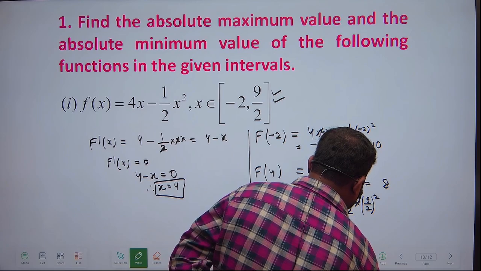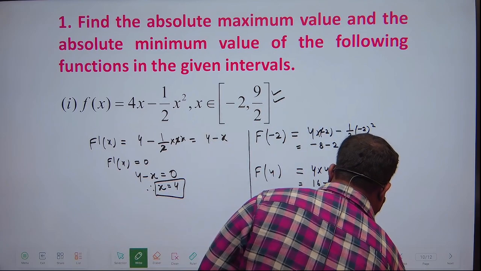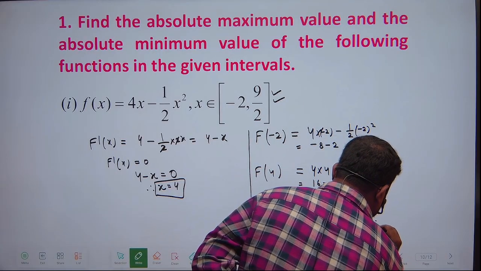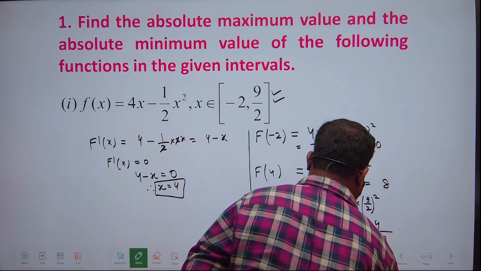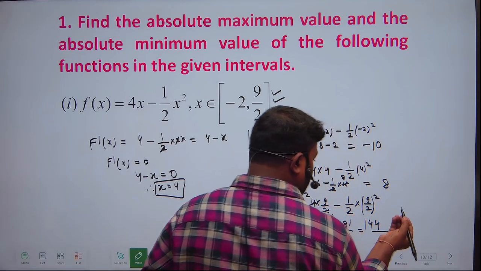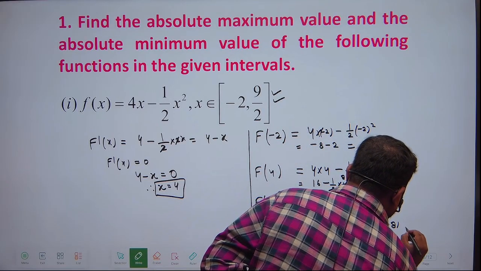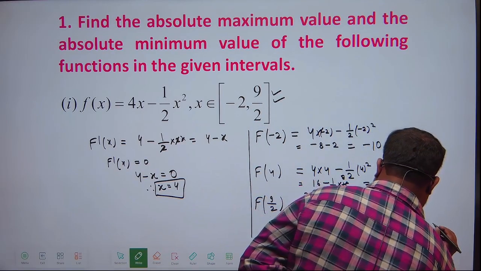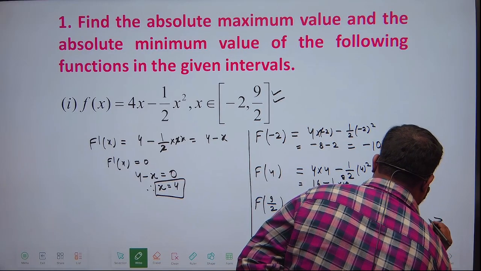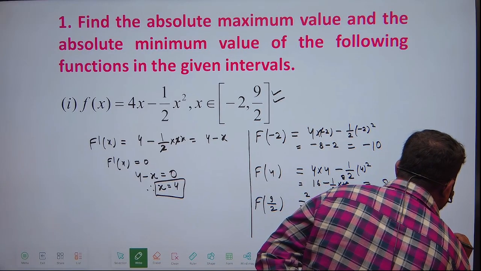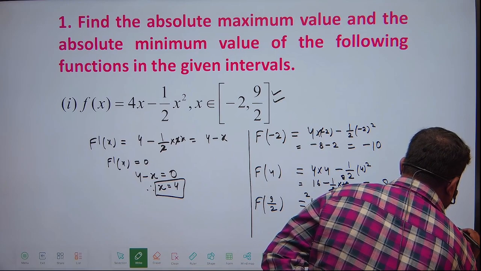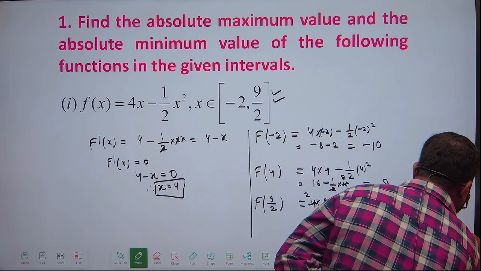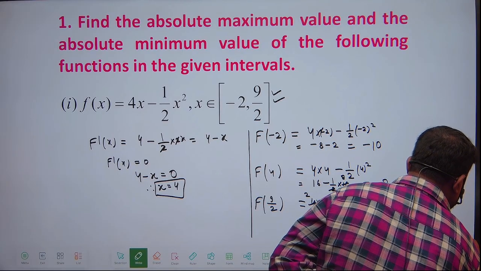Also find this value, take LCM 8. 18 8s are 144 minus 81 over 8, that is almost 8. We can take the value 8.